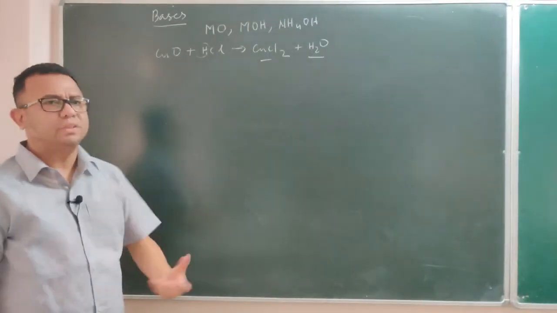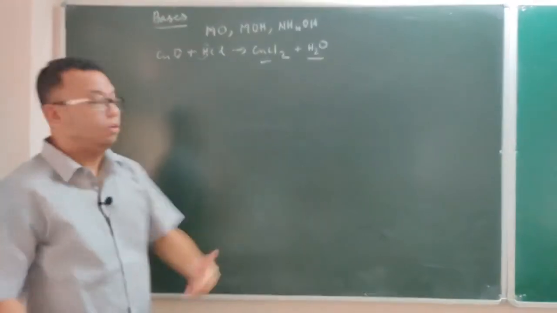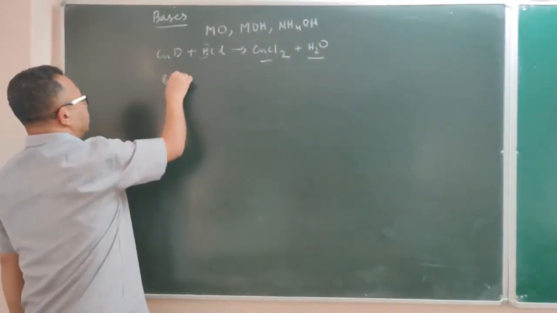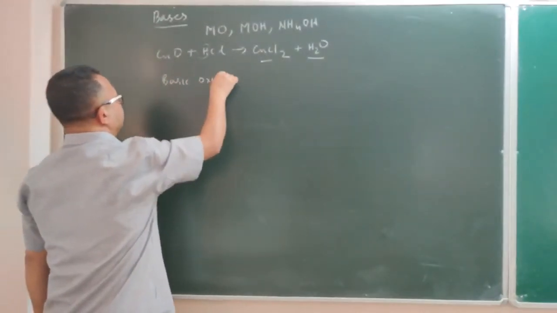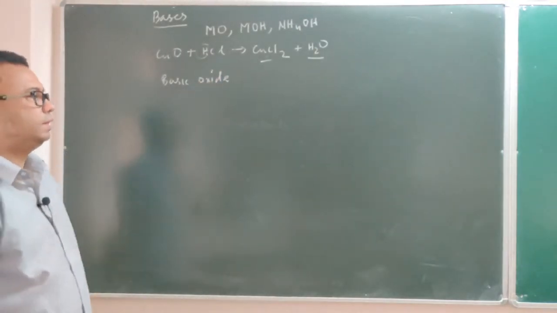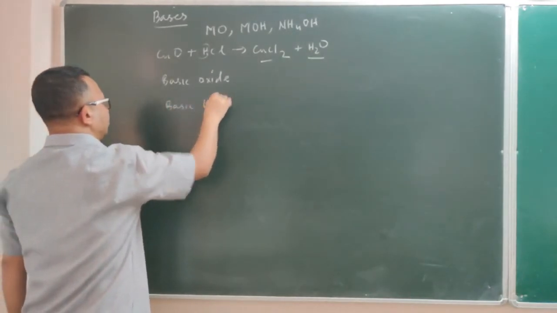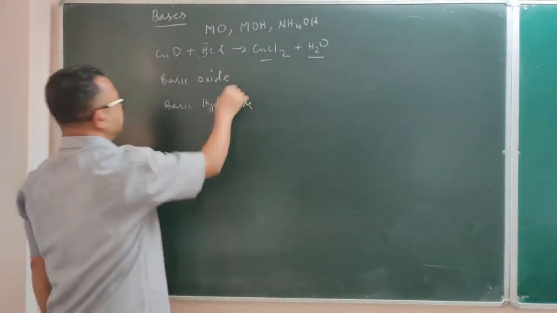But usually when we say base, as we discuss metallic oxide and metallic hydroxide, we may say something like basic oxide and basic hydroxide. As the name itself suggests, basic oxide.